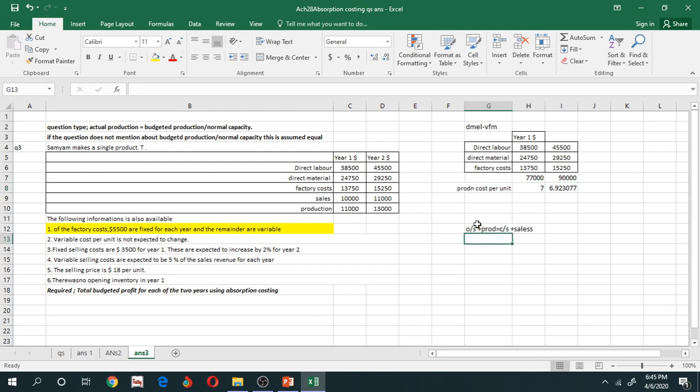You also need to find the missing inventory. Let's find the missing inventory for year 1. For year 1, you have sales of 10,000 that you would put here, and then production you have 11,000. So 10,000, 11,000. What is the missing figure? You have a closing stock of 1,000, right?